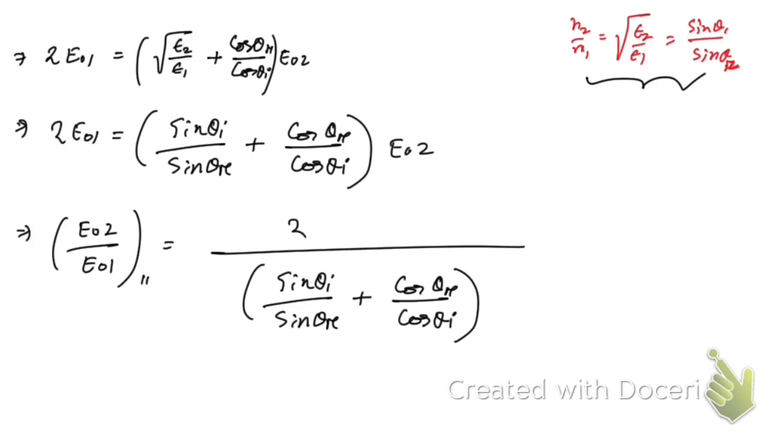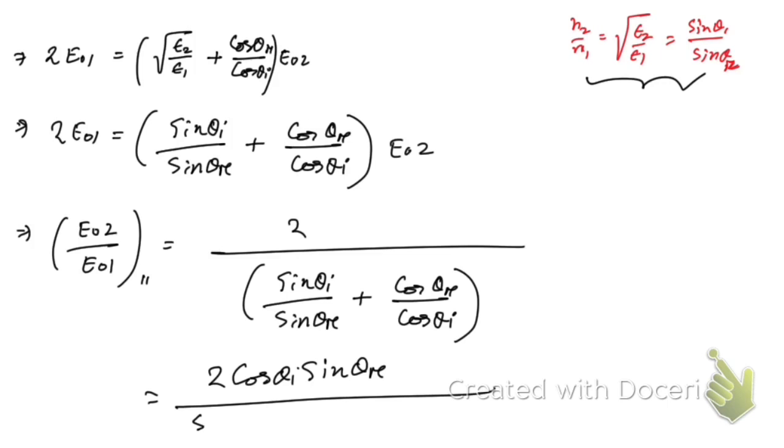Okay, so now what to do here, let's multiply both the numerator and denominator by cos theta I and sin theta r. Then here we're gonna get cos theta I. So let me write here properly. So then we're gonna have 2 into cos theta I sin theta r, divided by, so this sin theta r will be cancelled.